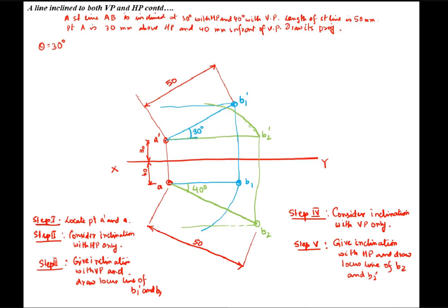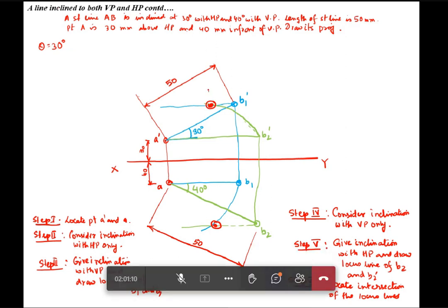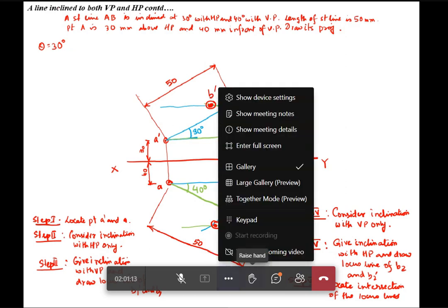Now, where the straight lines intersect, this is step 5. Step 6: locate intersection of the locus lines. So here is one point where it is intersecting, and here is another. This will be my B dash, and this will be my point B, final projection.